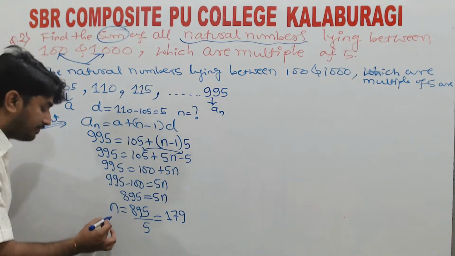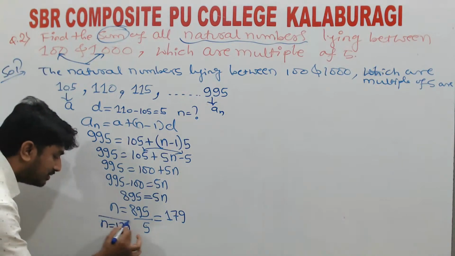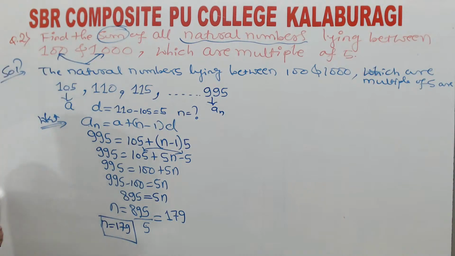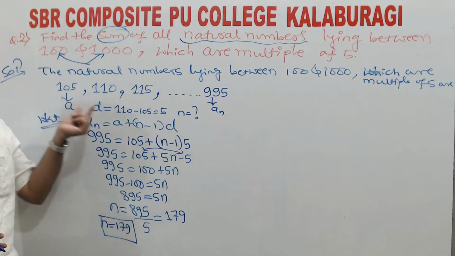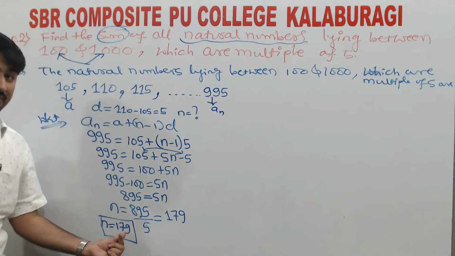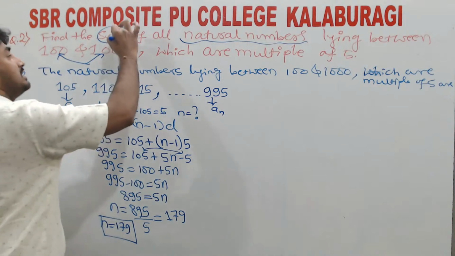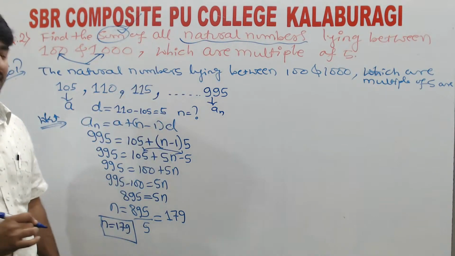Now we know the value of n, the number of terms is 179. So we know the first term, the common difference and the number of terms. Now we have to take the sum of these natural numbers.